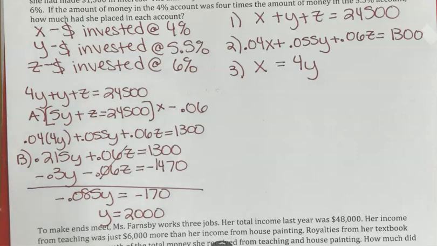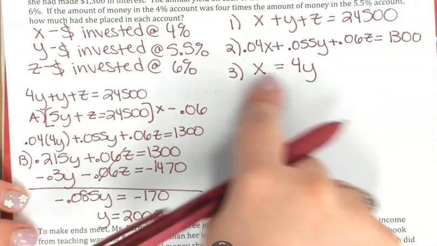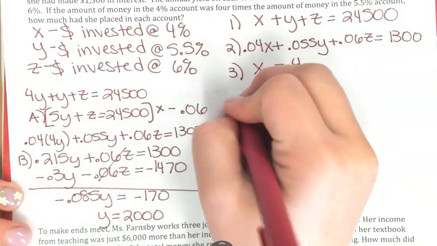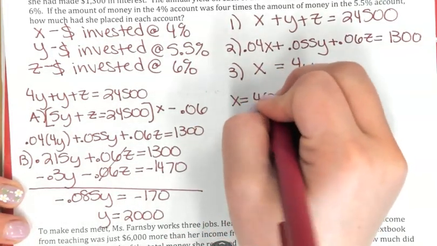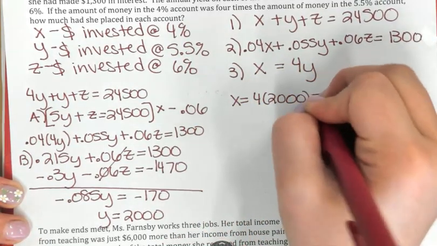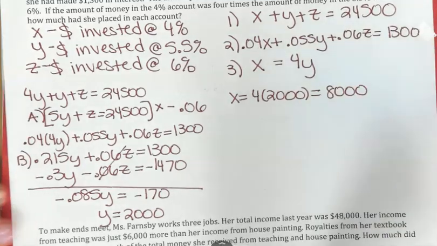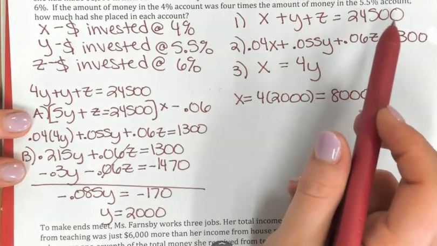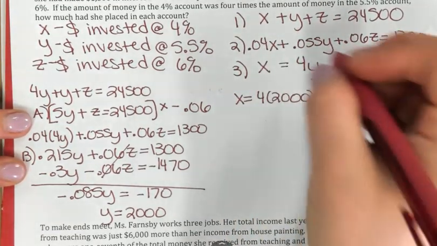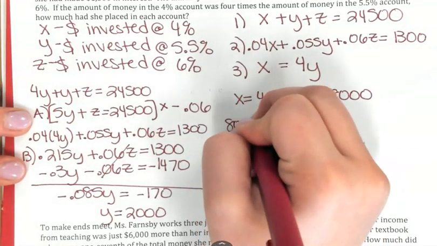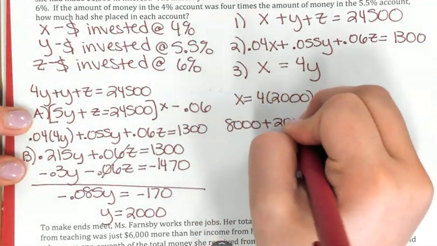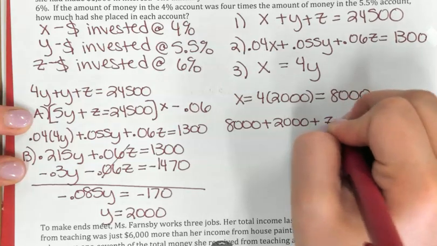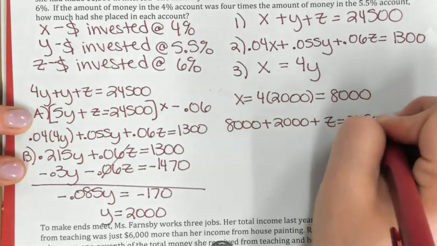Now that I know y, I can find x by plugging into equation 3. So x is going to be 4 times 2,000, which is 8,000. And then lastly, I need to find z. I'm just going to go with equation 1 because I won't have to multiply anything. So 8,000 plus 2,000 plus z is 24,500.